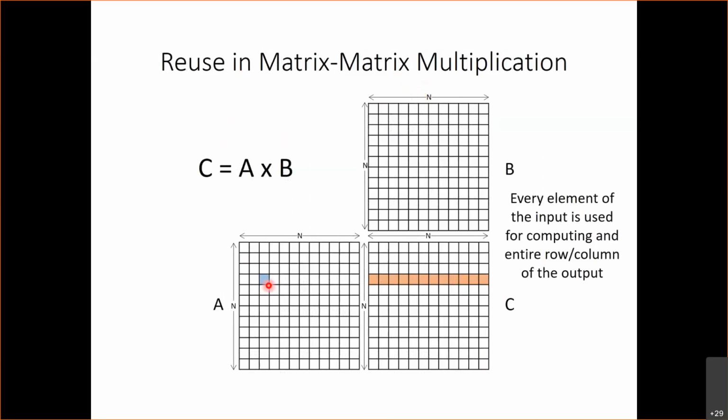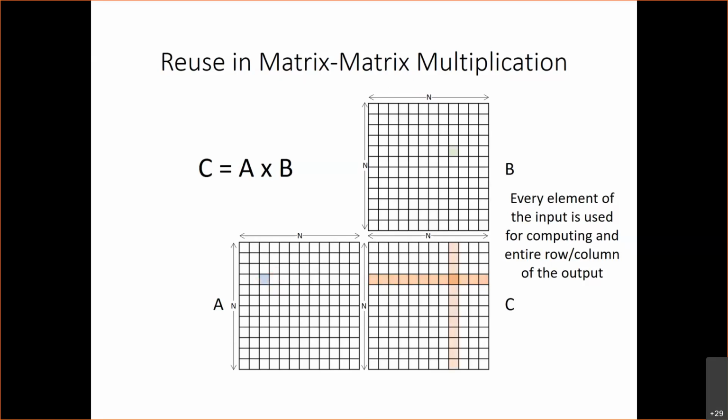Every element in my input matrix is used for computing an entire row. Here, this element in blue is used for computing all these elements in orange. In the way that I've been parallelizing it, the threads assigned to all these elements in orange are all loading the same data. They all go to global memory and load this data.